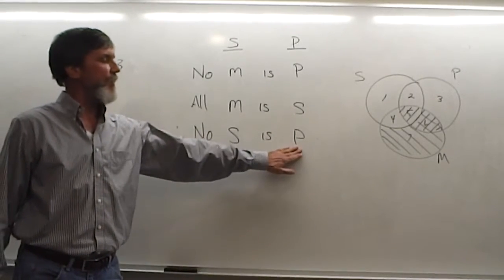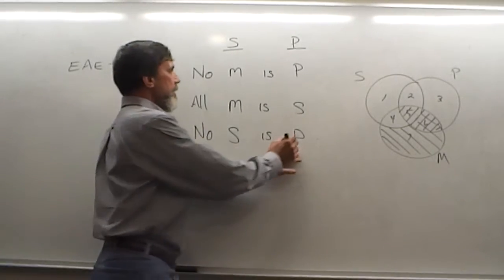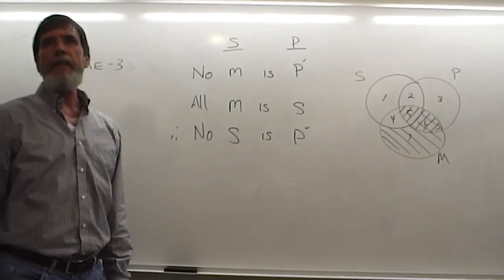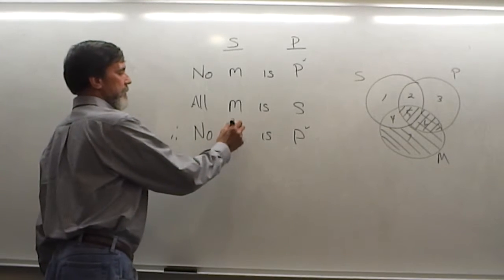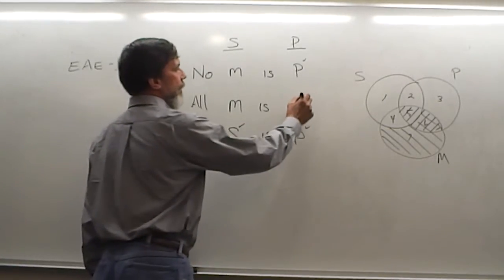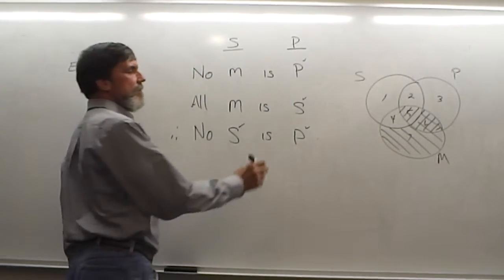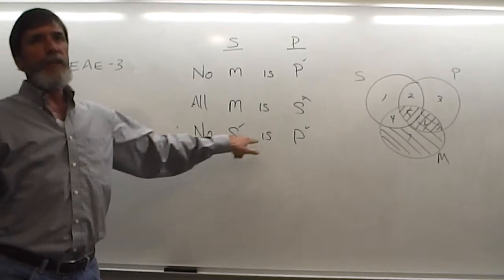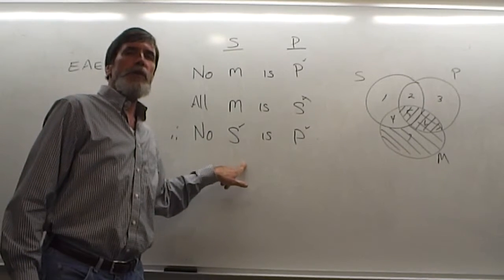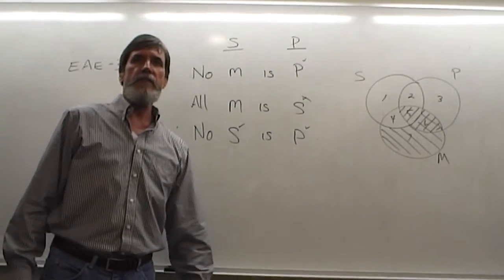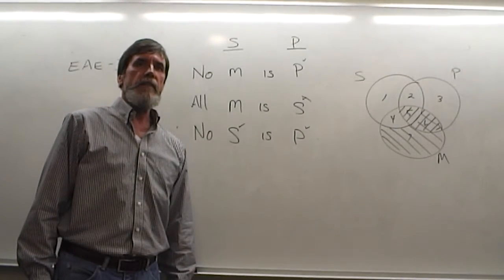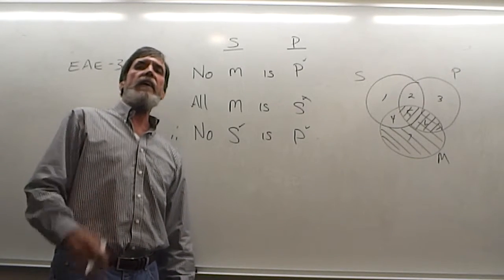Let's check the major term. It's the predicate of an E, so it's distributed there. Minor term, distributed? Here it's the predicate of an A. Distributed? No. So we have illicit minor term, distributed in the conclusion, not in the premise in which it occurs. Illicit minor term.